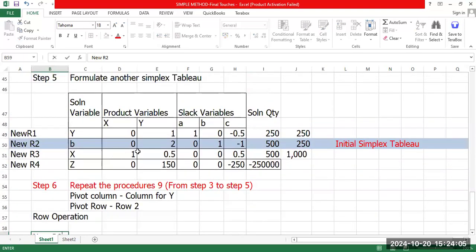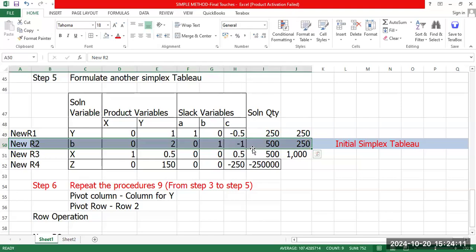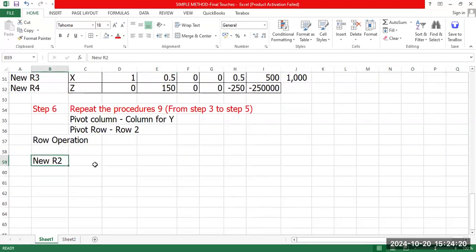Row 2. This is our pivot column. This is our pivot row. And the meeting point is 2. We want to make this value appear as 1. So new row 2 is equal to row 2 divided by what? By the value I want to change.